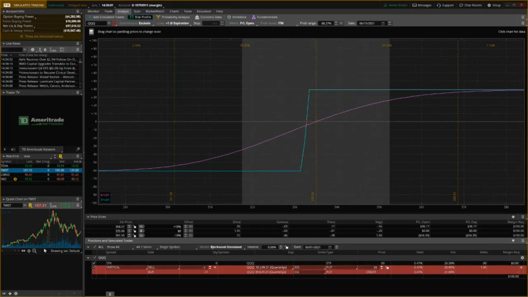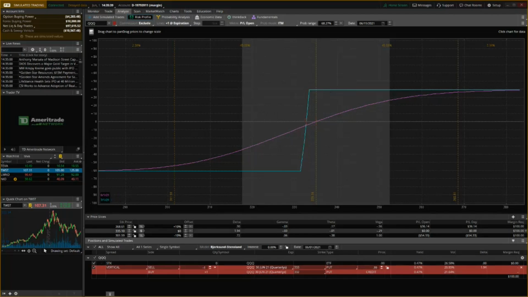So that's why we're not selling it naked, and we're instantly buying the 332 put option, and that gives us a credit. There's always going to be a credit between those two, because we're selling the higher and buying the cheaper out of the money. So the credit we got here is $39. From 333 going upwards, we're going to make a solid $39 profit. But if it falls down, then we're going to lose a maximum of $60.